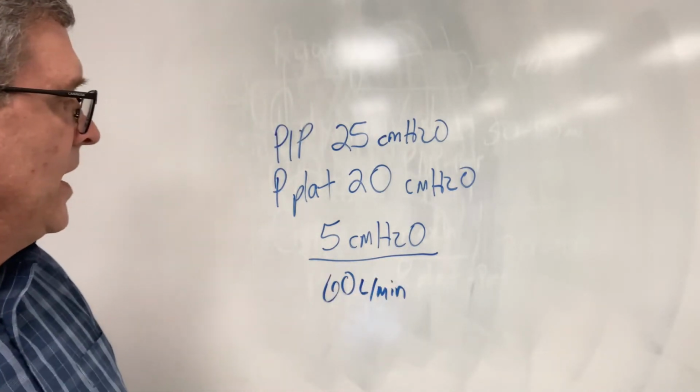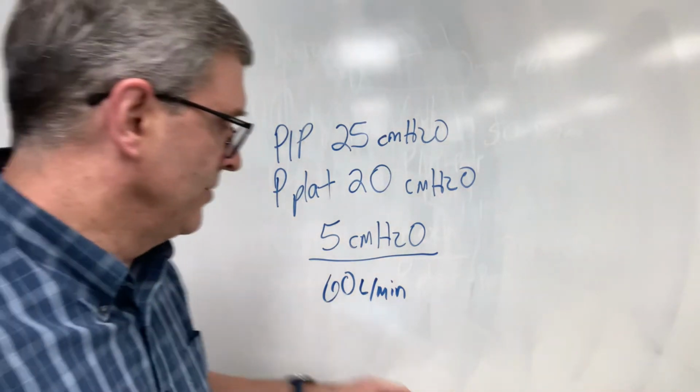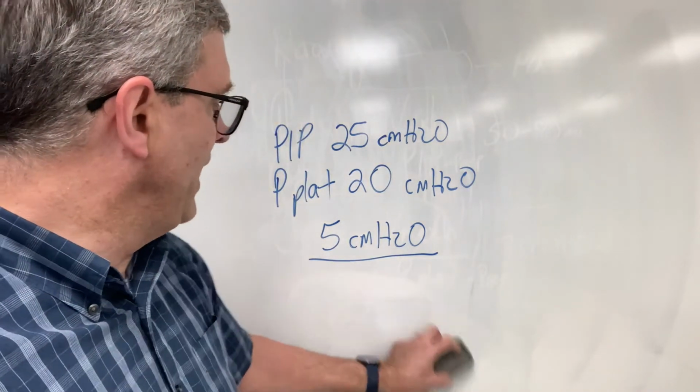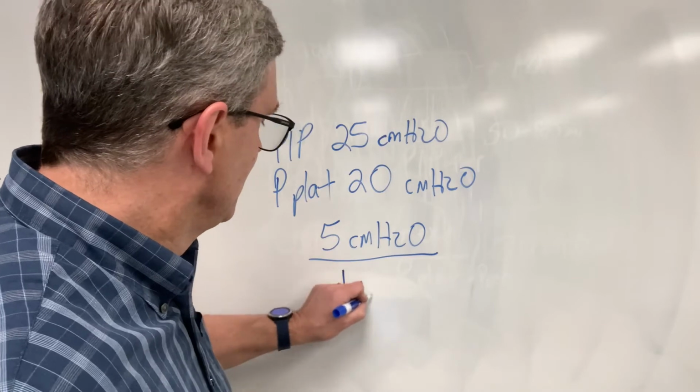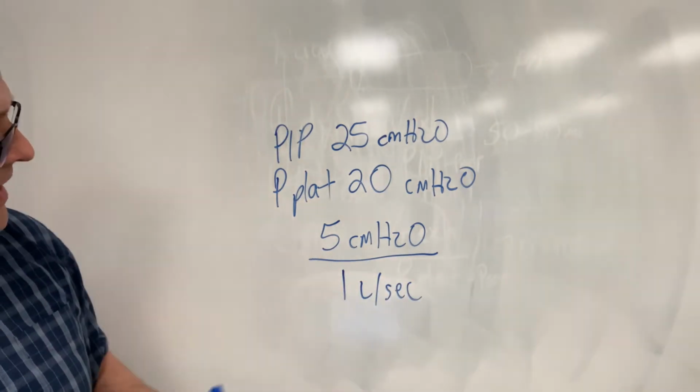All right. But the problem is with this formula, you need to make it in liters per second or it won't be correct. So 60 liters a minute is, well, it is 1 liter per second. So in this case, we just divide that out.